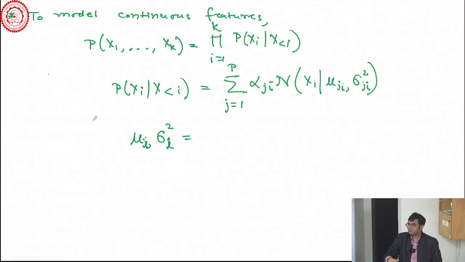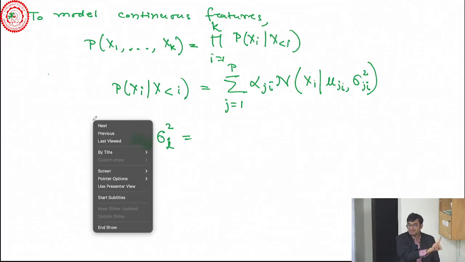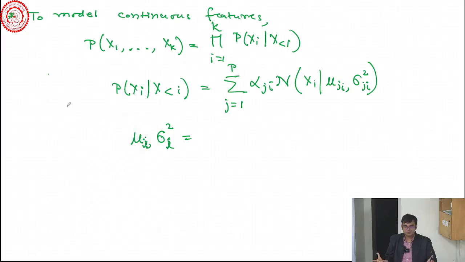Each Gaussian component has three parameters, mu, sigma and alpha, and out of that I am taking two. So p components will have 2p parameters. This is for a given i, and i varies from 1 to k. So your total number of parameters will come out to be 2p times k.